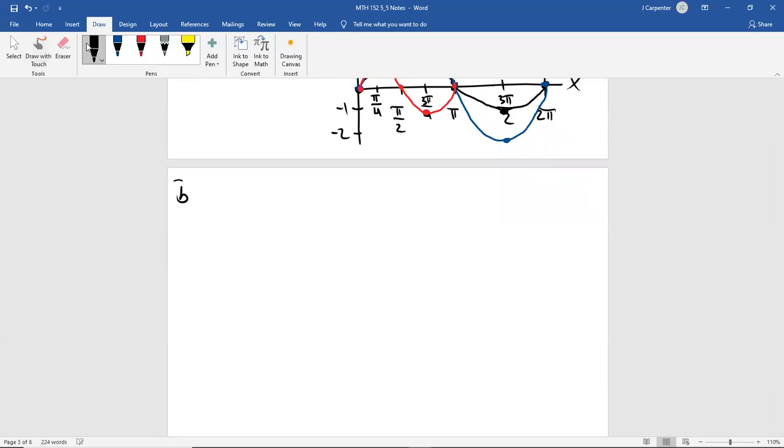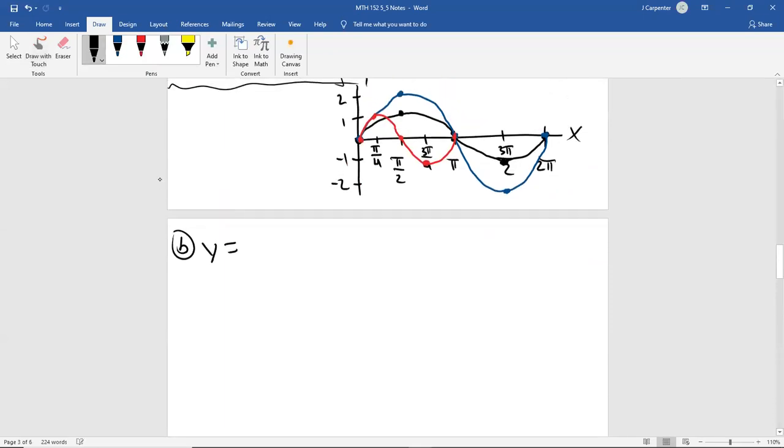B, we're going to graph y equals 3, so there's an amplitude factor in there, times the sine of x, there's no speed factor in there, minus pi. And there is a shift factor in there. Out of the gate, what should we do?